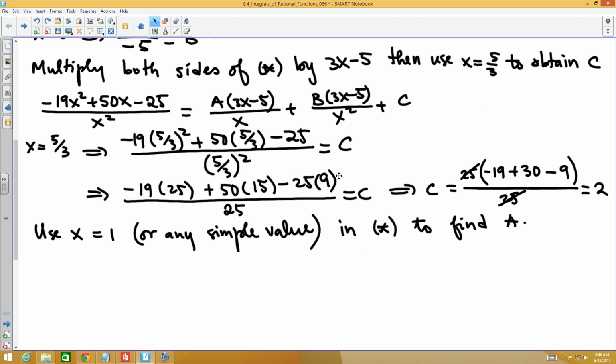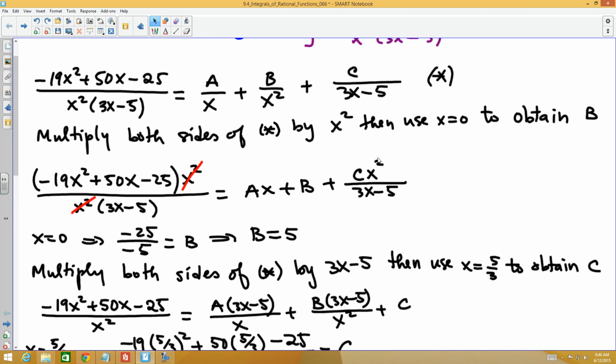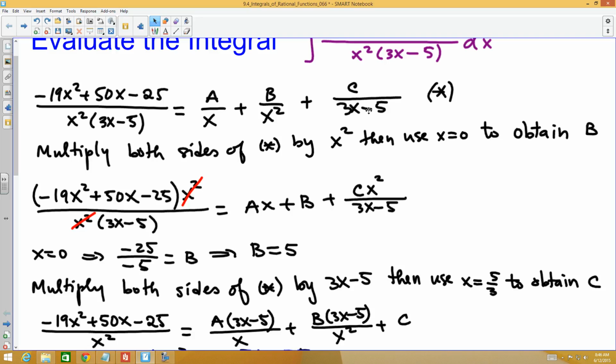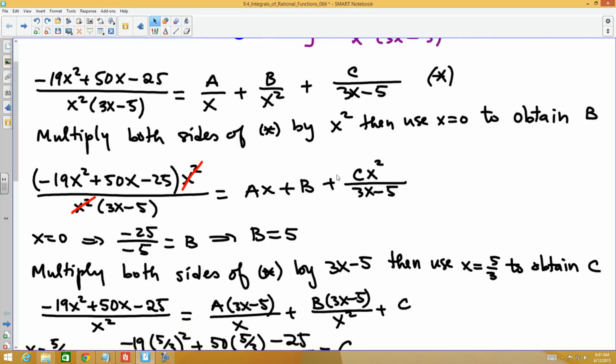And we do the same thing for c. For c now, we need to get rid of its denominator. So multiply everybody in equation star by 3x minus 5. And then replace x with 5 over 3, because if you set 3x minus 5 equals 0, you solve and get x equals 5 over 3.